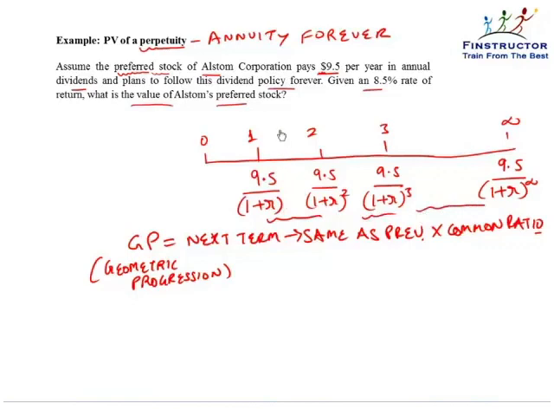The set of cash flows from t equal to 1 to infinity that we see. If yes, what is the common ratio? We can verify that each term is the same as the previous term multiplied by 1 upon 1 plus r. The second term is the first multiplied by 1 upon 1 plus r, and so on for each subsequent term.